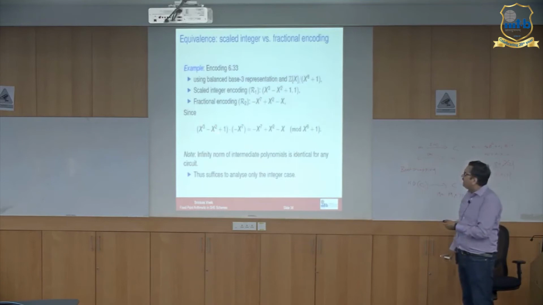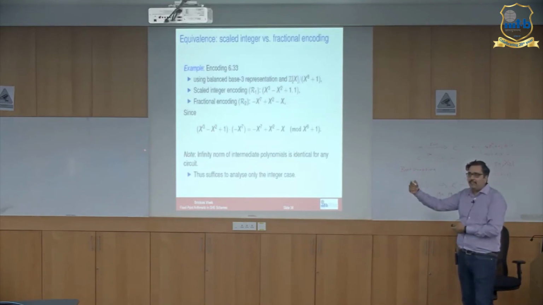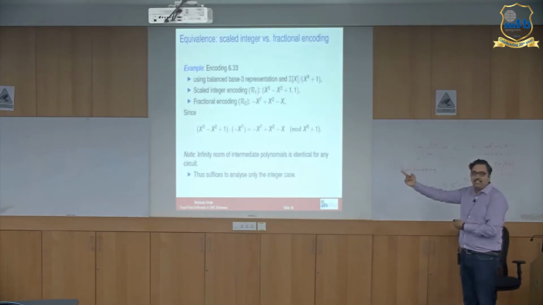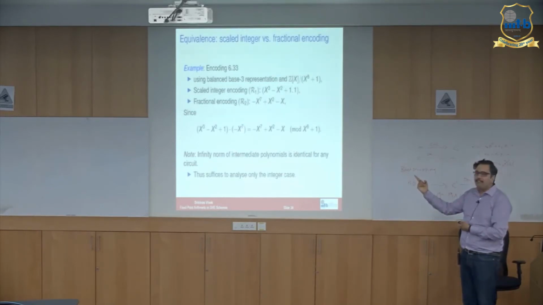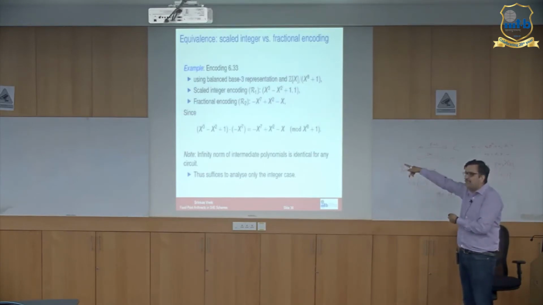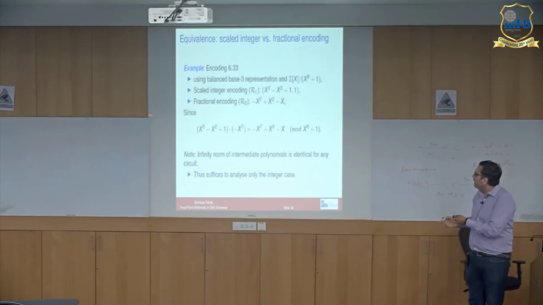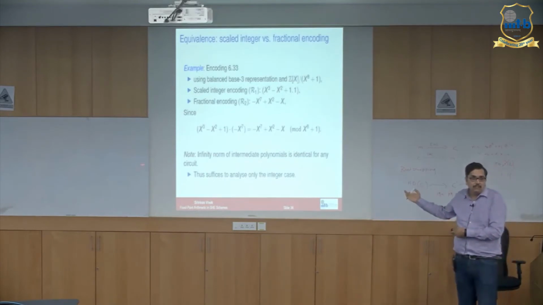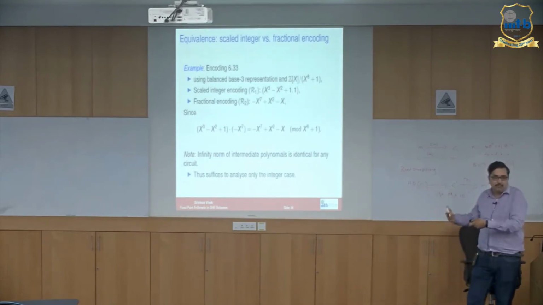So here, this was the representation of 19 by 3 in the scaled integer encoding, and this was in the fractional encoding. Now, how do you go from one to another? Just by multiplying. If you multiply by minus x power 7 and go modulo x power 8 plus 1, you will get back. The signs might be different, but the magnitude of the coefficients is the same. So the infinity norm, the magnitude of the largest coefficient, is the same.